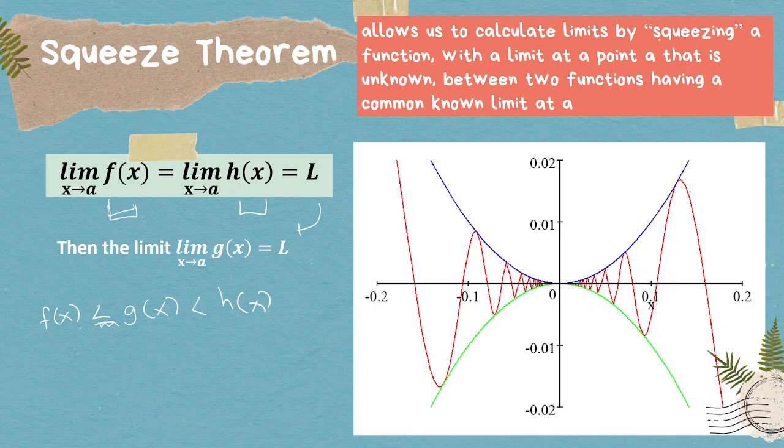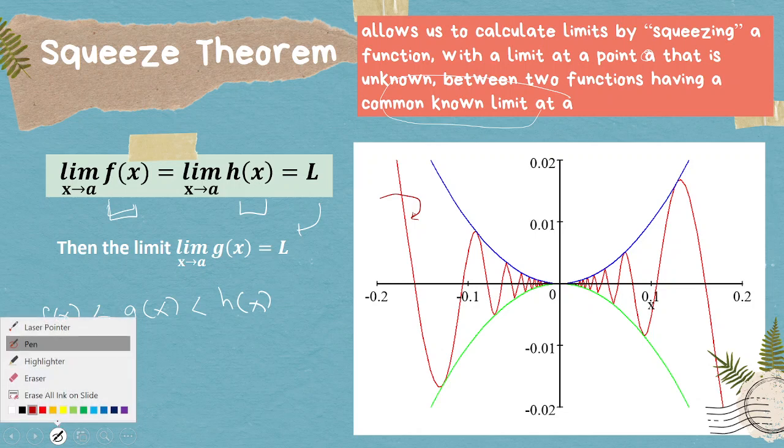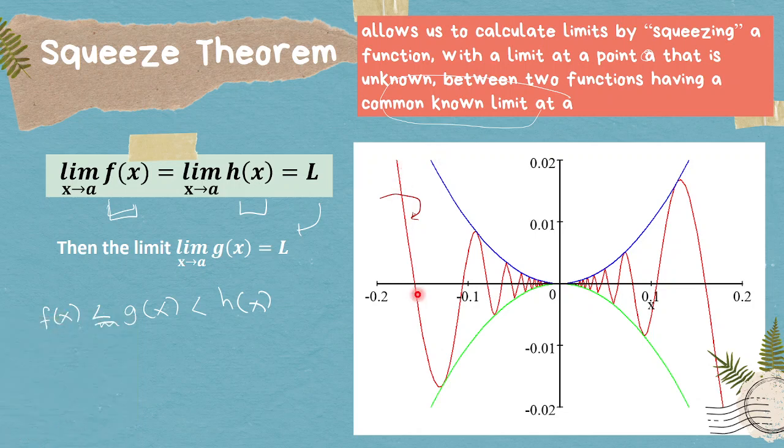So basically, we are squeezing a function whose limit at a point a is unknown, between functions having a common known limit at a. We do not know the limit of the function red, but we can get it if we get the limit of the upper and the lower function.